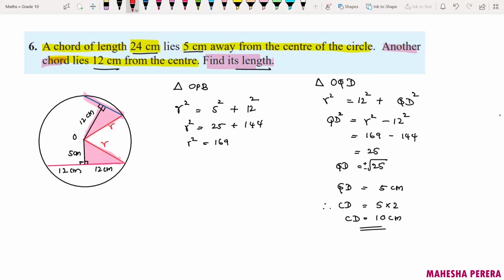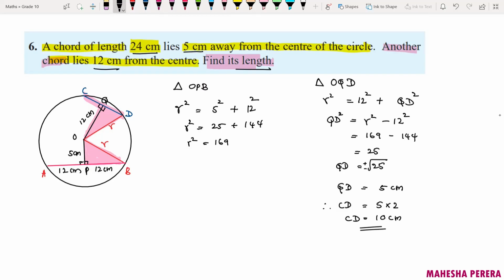Okay, first we need to label, name these chords. Let's say this is chord AB, and here we have chord CD, right? And the midpoints are P and Q, right?